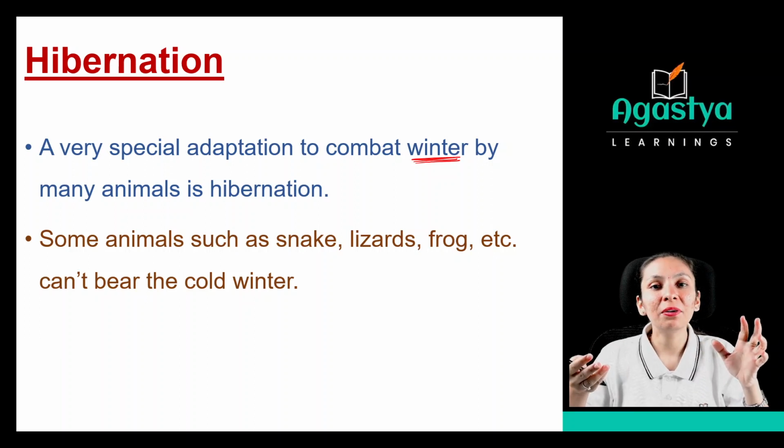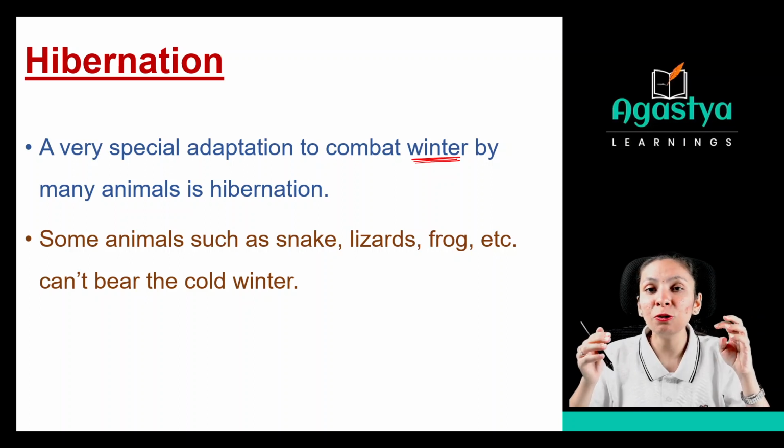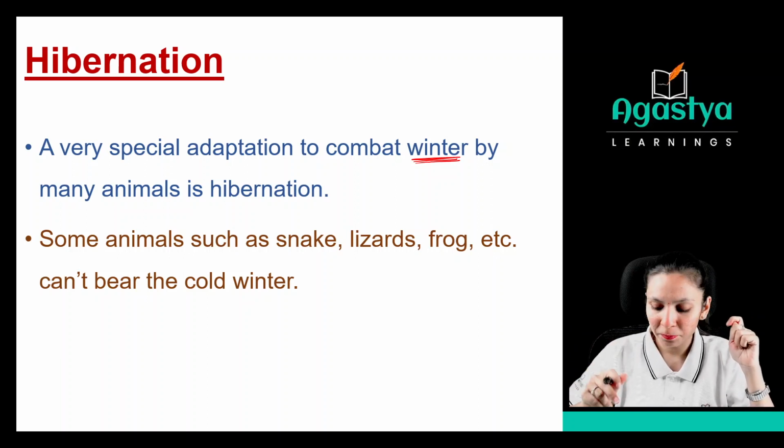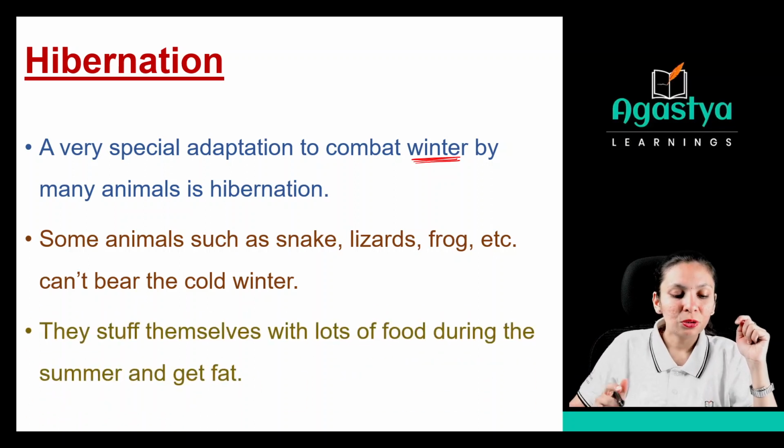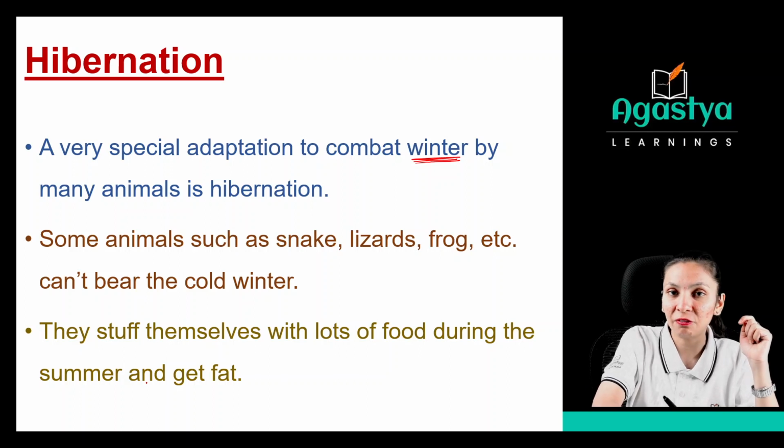So how will they survive? They do not have that kind of adaptation features to survive in the winter region. So for that purpose, they have to protect themselves from this cold winter. So what will they do? They stuff themselves with lots of food during the summer and get fed.